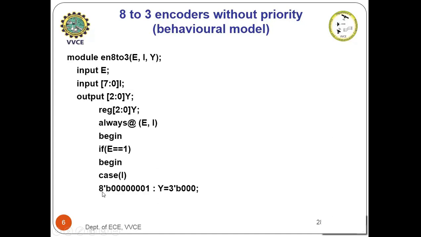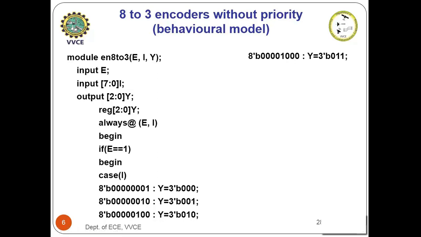It's an 8-bit input. When it is 0, 0, 0, 0, 0, 0, 0, 1, Y will be binary 0, 0, 0. Similarly, when it is 0, 0, 0, 0, 0, 0, 1, 0, Y will be 0, 0, 1. When your input is 0, 0, 0, 0, 0, 1, 0, 0, your Y output will be 0, 1, 0.